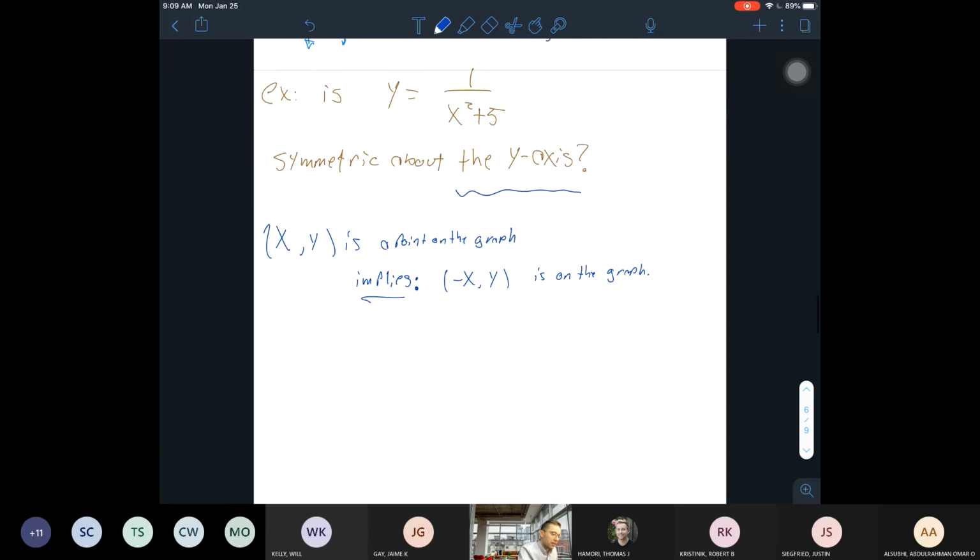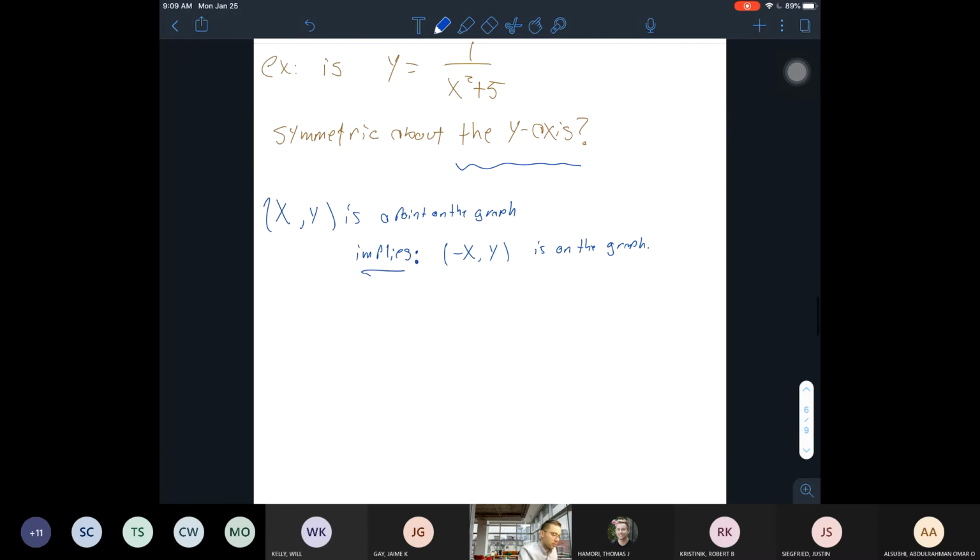Okay, so if we want to check if this is true, all we have to do is take x and plug it into the function and plug negative x into the function. And if we get the same exact result, then it's going to be true. Okay, so here's how we check.